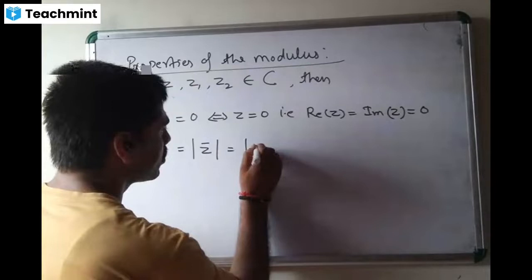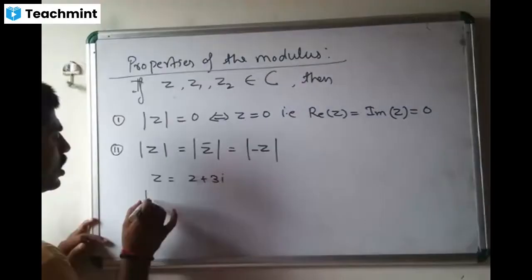Both are the same, means they are equal. Suppose that we have a complex number z, suppose 2 plus 3i.